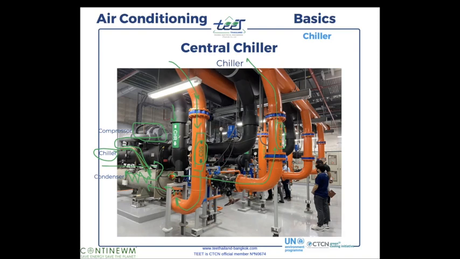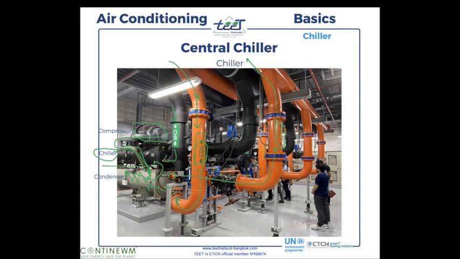So the water is hot because it removes the heat from the air through the AHU, and FCU and all of this. So it's chilled water return, so the hot water, passing through the evaporator with the refrigerant fluid.